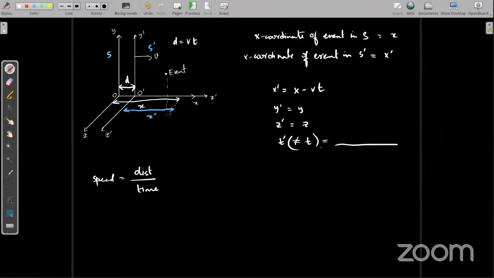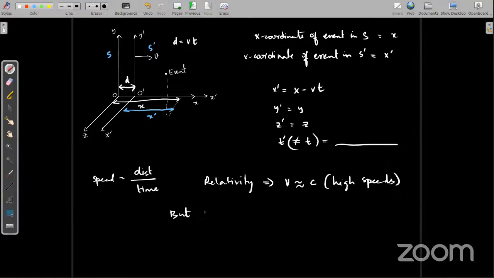Now we need one important thing to be satisfied if we are to have this set of transformation equations. Relativity implies that the velocity is comparable to the speed of light, which means very high speeds.